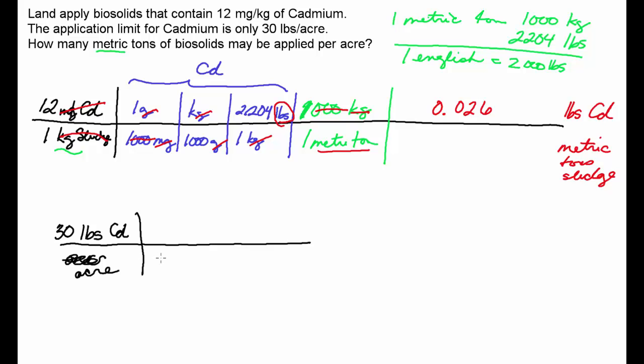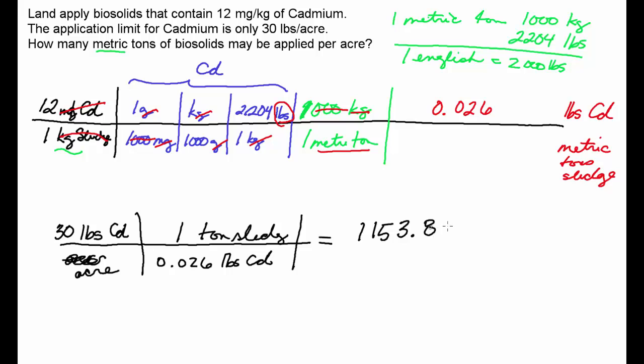And this is 0.026 pounds of cadmium per 1 metric ton of sludge. So this would be 30 divided by that 0.026. So that's a lot of tons of biosolids. Lots.